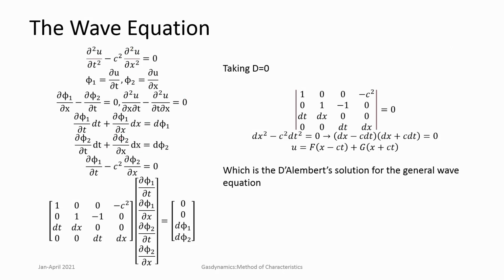It is written as a system of equations, and using the system of equations you set the determinant, which is the denominator, equal to 0, and you get two characteristics, which are x minus ct and x plus ct. So, if you follow this method, you get the correct characteristics for the wave equation. Okay. So, in a general wave equation also you will get it.